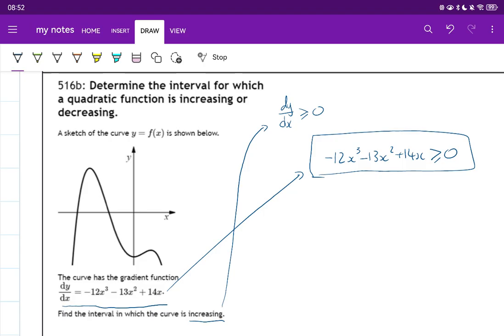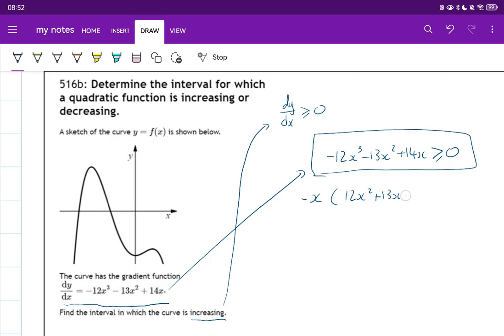You can simply use the quadratic solver. They may make it hard in the exam. So what I'm going to do is solve it by hand. So I'm going to factorize out an x. Well, I'm going to factorize out a minus x: 12x squared minus 13x. So that would become a plus 13 if we took a negative out.